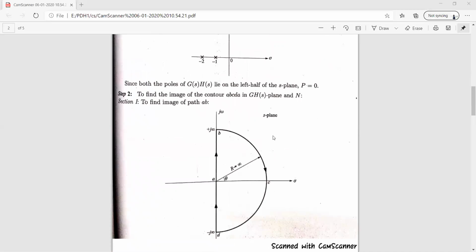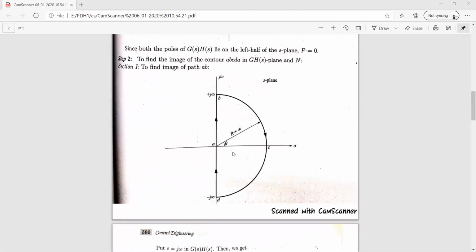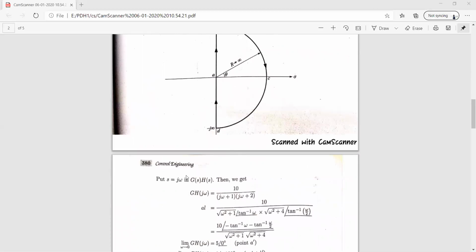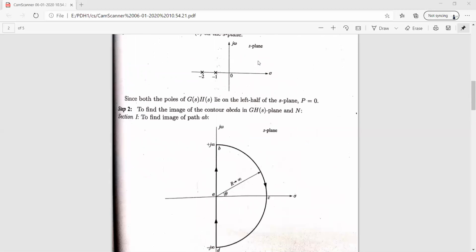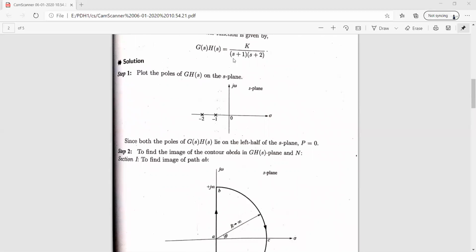After this, we need to find the image of the contour ABCDA in G of S, H of S, and N. To find N, we follow this path. To find the image of path AB, put S equal to j omega in G of S, H of S. We have G of S, H of S given here; in place of S, you replace j omega.